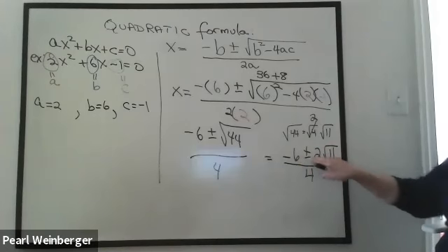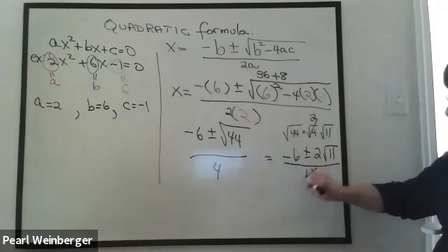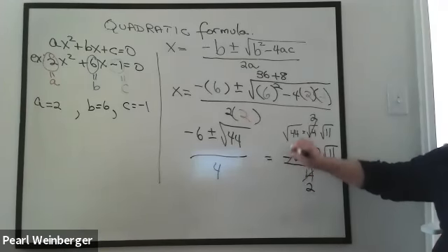I have to have it go into all 3 numbers: the 2 numbers on the top and the one number on the bottom. If there's a radical or an i, the number has to go into the number on the outside. So I'm going to divide everything by 2. 4 divided by 2 is going to be 2. -6 divided by 2 is going to be -3.